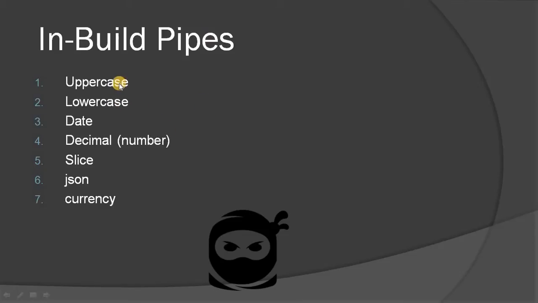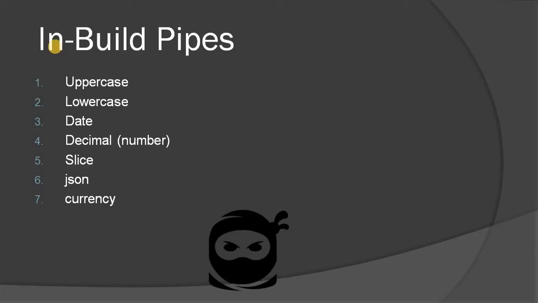The first one is the uppercase pipe. It transforms the data into an uppercase string, and the next one is lowercase. Similarly, it transforms the data into lowercase. The date pipe is used to transform the date into a particular format.